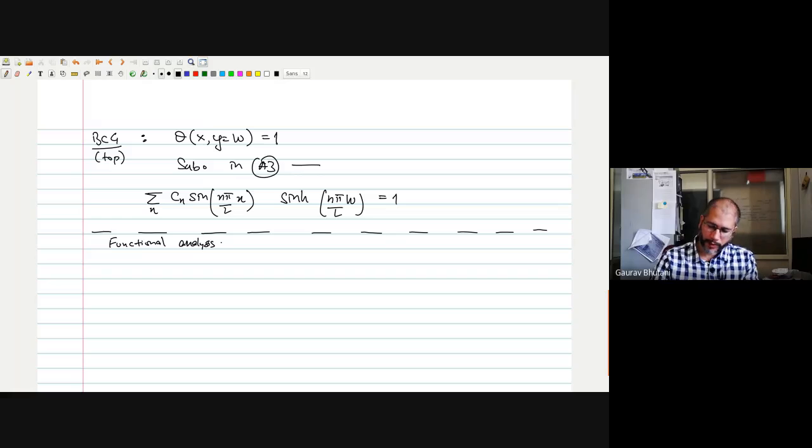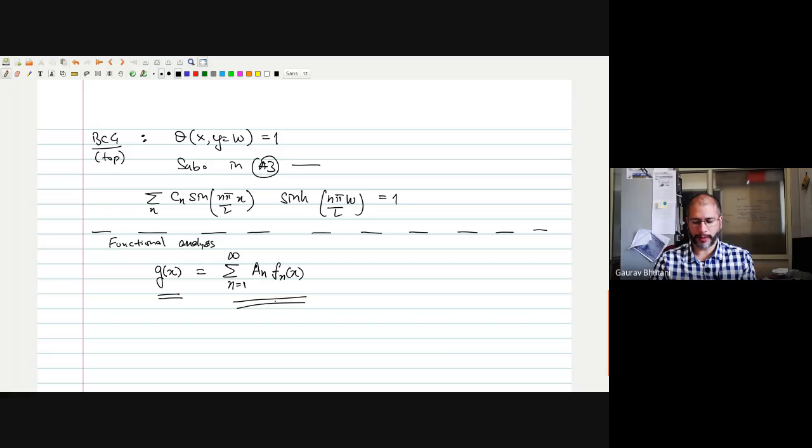So we can write a function, let's say g of x, as a linear combination, with a_n as the constants, of f_n's. The f_n's are the basis functions in this case. So I can write a function g(x) as a linear combination of the basis functions f_n. And remember, we are assuming that these f_n's are orthogonal.